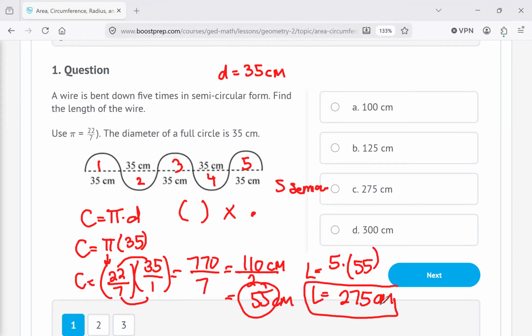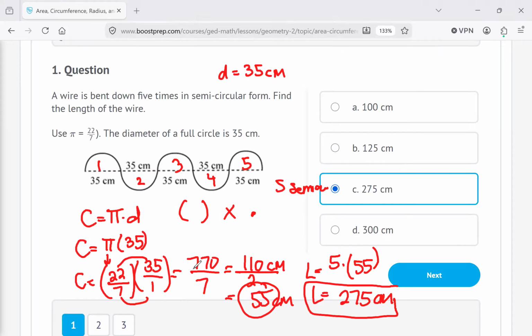So 275 is letter C. This one's a little bit strange. I had to find the circumference of a semicircle because these are not full circles, as you can see. I took the circumference of a full circle, which is pi times d, simplified it, and replaced pi with 22 over 7.